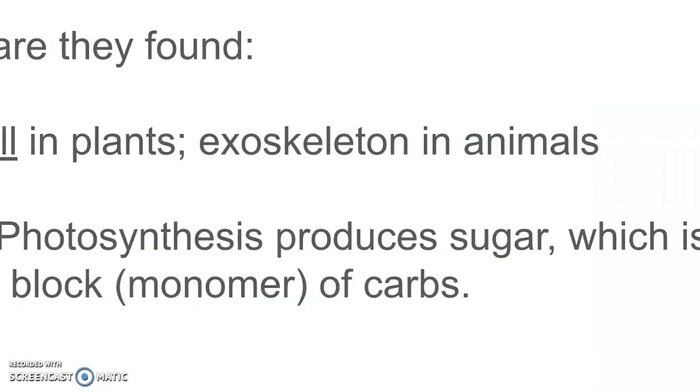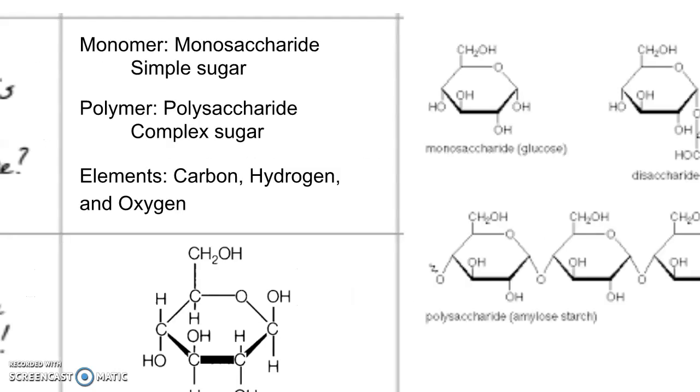Carbohydrates can be found in the cell wall of plants or the exoskeleton in animals. Plants will produce sugar through photosynthesis, which is going to be the building block of carbs, or monomer, which is another word for the building block. So, structure of a carbohydrate. The monomer is going to be the monosaccharide, which is a simple sugar.